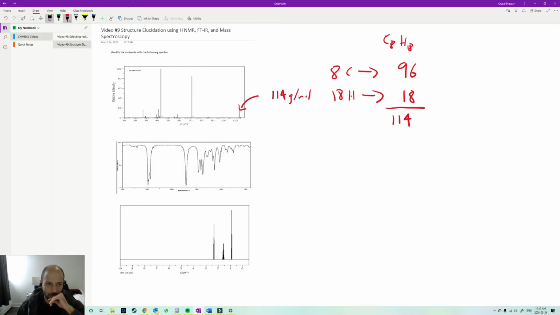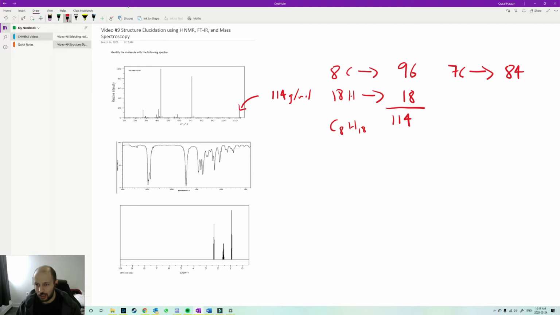Let me actually just write it somewhere else really quickly. C8H18 is one possible molecular formula. Let's try another one, because there could be multiple ones, right? You don't want to just try one and say, okay, this one works, let me go with that. What about 7 carbons? 7 carbons should give me a molecular weight of 84 mass units.